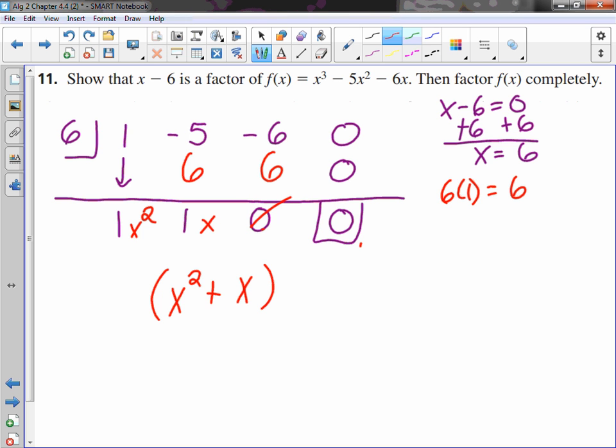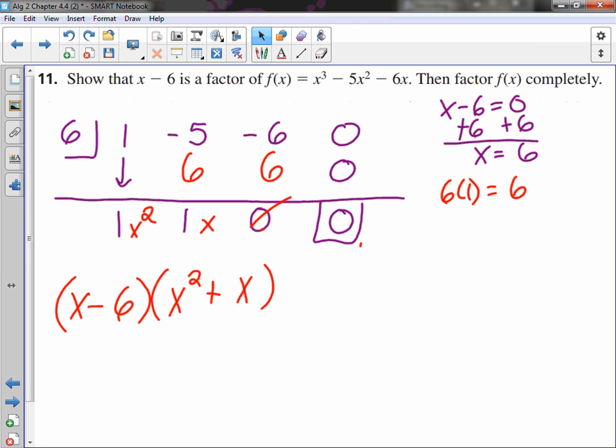And what did we multiply this by? So x minus 6. Actually, before we move on, are there any questions over anything we've done here so far? So x minus 6 is completely factored. There's nothing we can do with it. It's degree 1, yes?